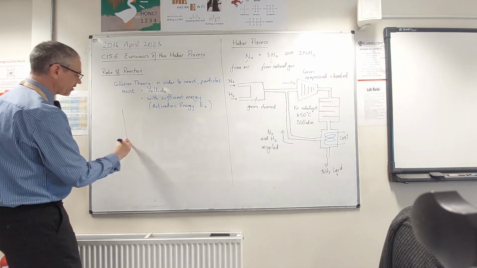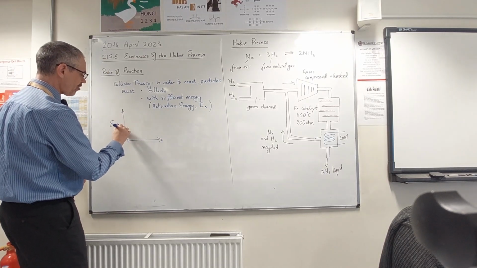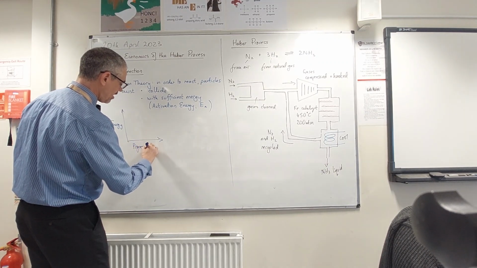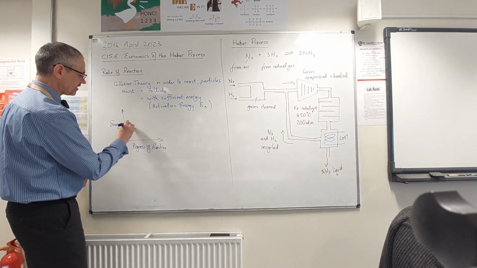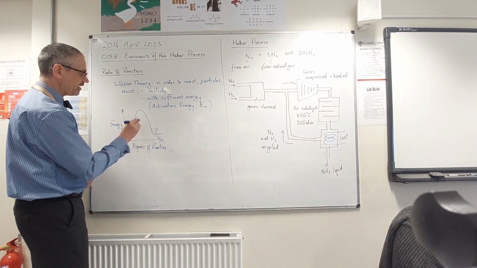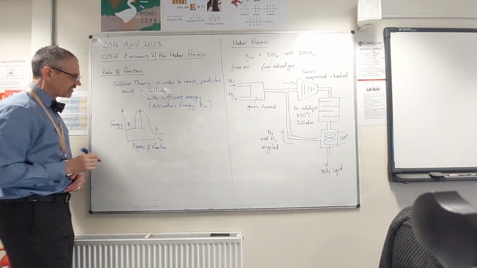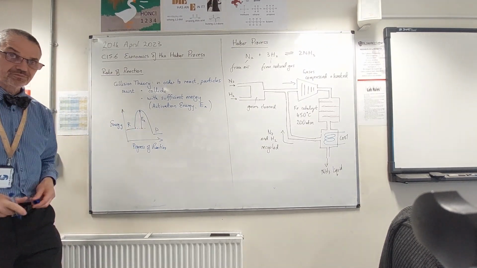You might remember drawing these kinds of diagrams, these energy profile diagrams, where the reactants are somewhere here and the products are somewhere down there, and there's a big bump in the way, and the energy required to get the reactants up to the top of that bump is the activation energy.